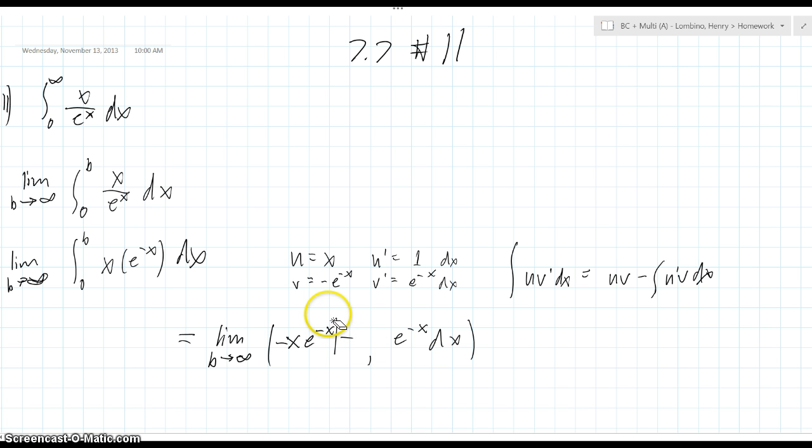Because this is solving for an integral, we have to put this in, from 0 to b, because that's what this whole equation is from. So the solution also has to be from 0 to b. So now we can do some more things.